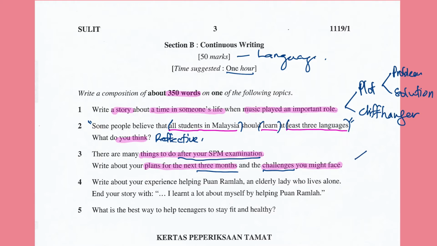Plans 1, 2, and 3, and then challenges 1, 2, and 3. Alright, or maybe if you like it to be this way, this is how you can do it as well. 1, 2, and 3, and then you say plan, challenge, specific to the point that you are talking about.